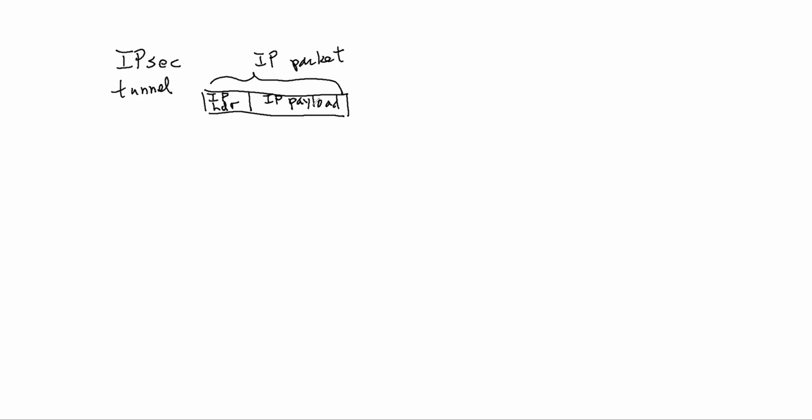So this means after I encrypt or authenticate the entire IP packet, the IP header is no longer visible, no longer in plain text, which means that when it passes through the internet, intermediate routers will not be able to forward this message to the destination.